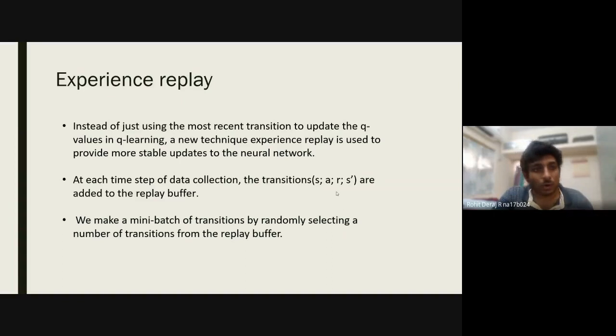There are mainly two advantages here. One is that you are reusing past data instead of just using it once. The second advantage is that since you are picking random samples here and there, there is no correlation, which might lead to error.